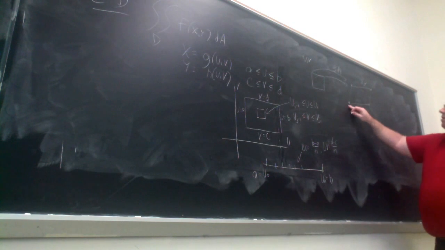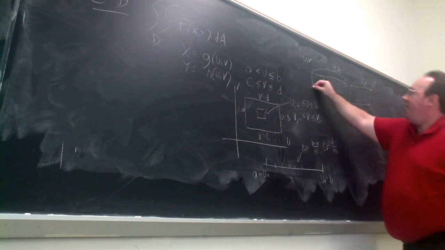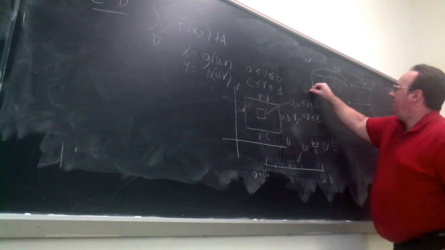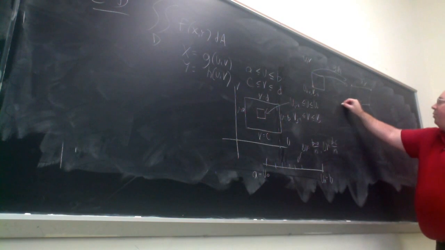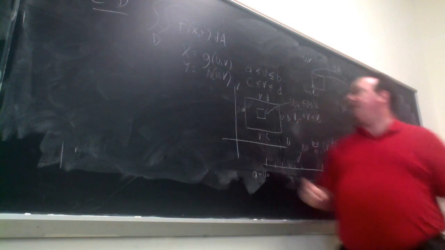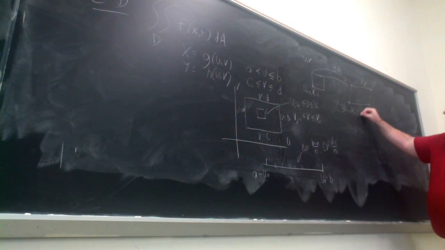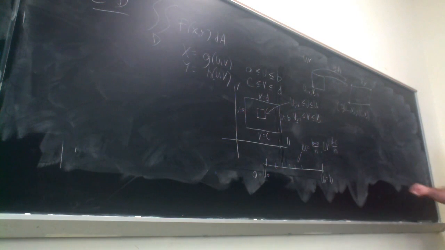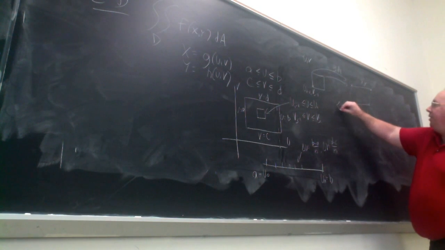So this point right here, so here we have u_{i-1}, v_{j-1}. So this would be the point where x is, we plug those values into g, and the y value we plug into h, because x comes from g and y comes from h. Actually, I'm going to use this as a vector.